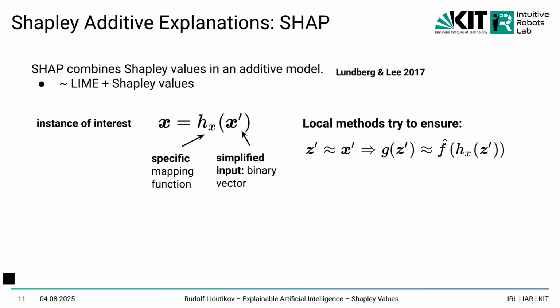Okay, so now local methods actually try to ensure that if I have some z dash, which is a different data point in our lower dimensional space, and I have x dash, then the local function g of z dash is somewhat similar to our up projection of the complex model.